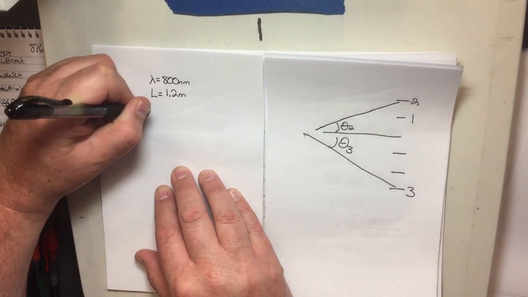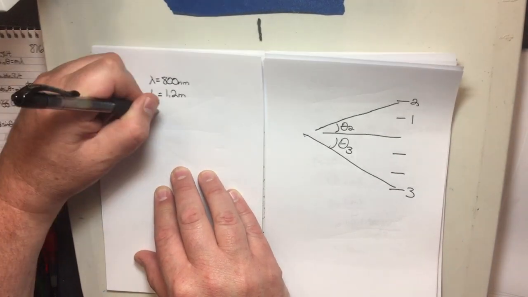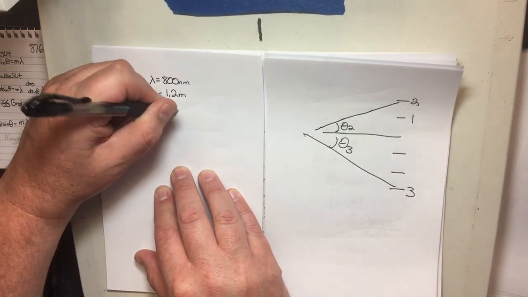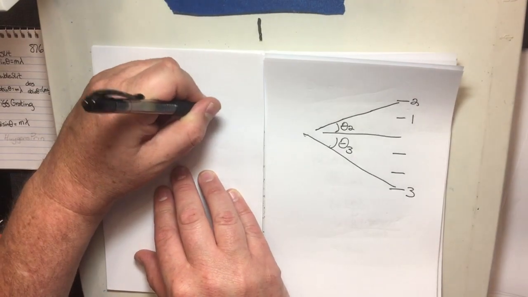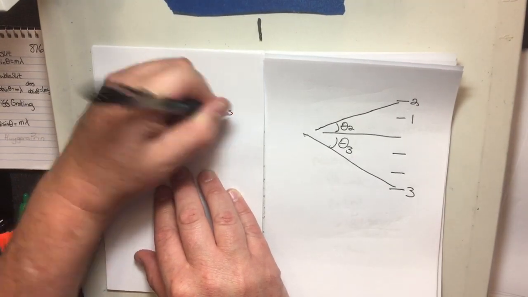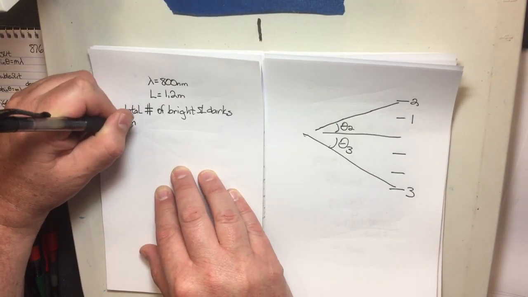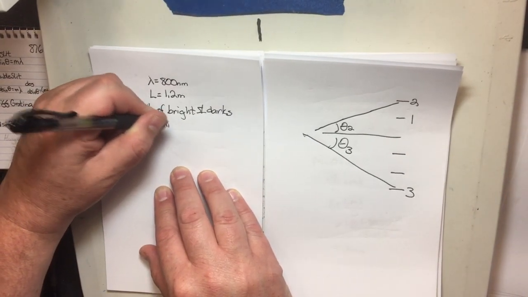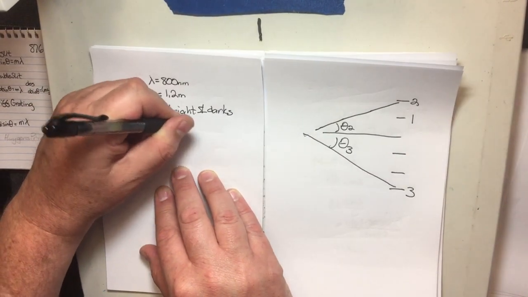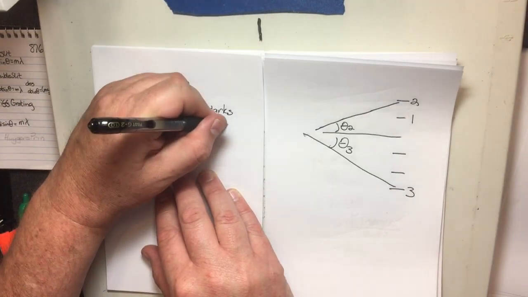Give me the total number of bright and dark bands within 4 centimeters of the optical axis.